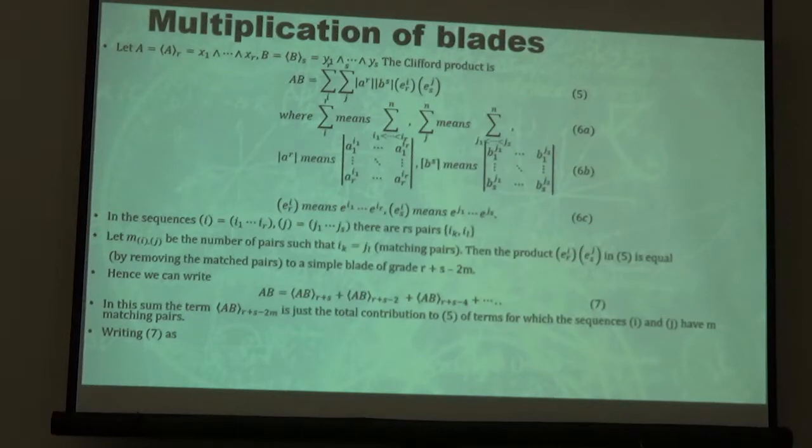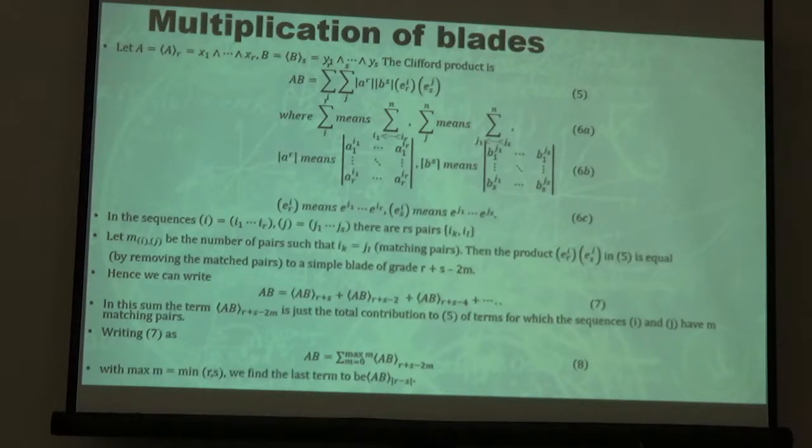So we're going to look at 7 now, so we can rewrite 7 as the sum of AB from m equals 0 to m the maximum number of matching pairs. So we're matching off as many matching pairs as we can. And remember, when we turn them around to get them to connect with each other, they'll change signs.